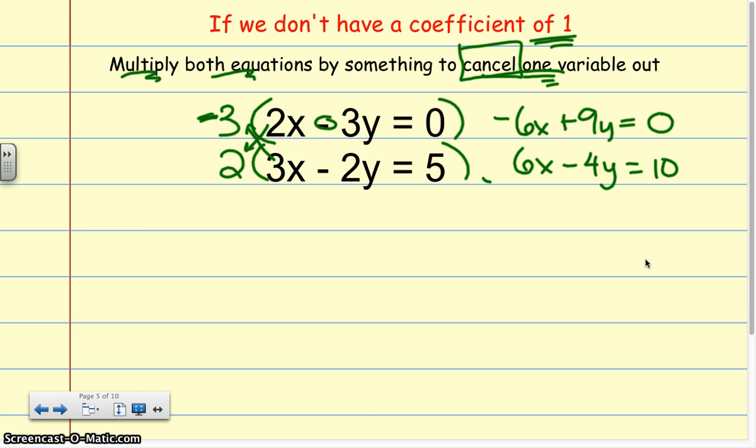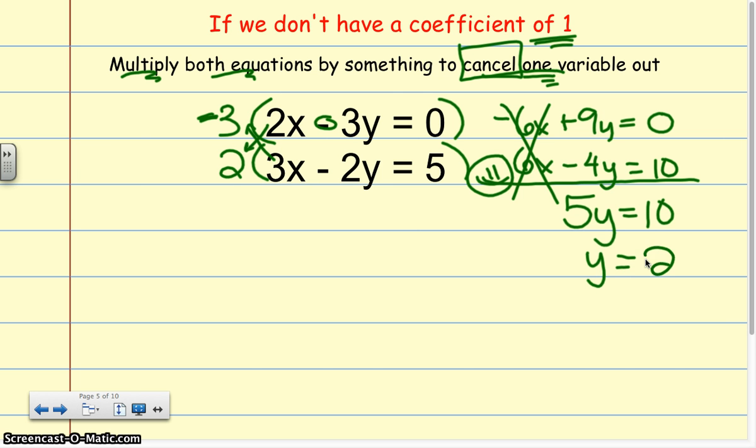Kids mess that up a lot. The x's cancel out. There, my goal was achieved. Yay. 9y minus 4y is equal to 5y, which equals 0 plus 10 is 10. Y is 2. So I'm halfway there.